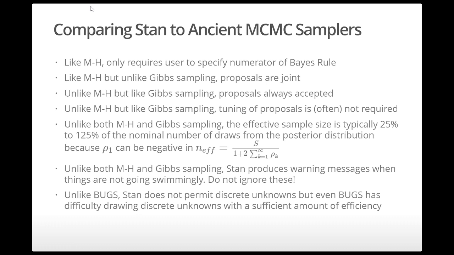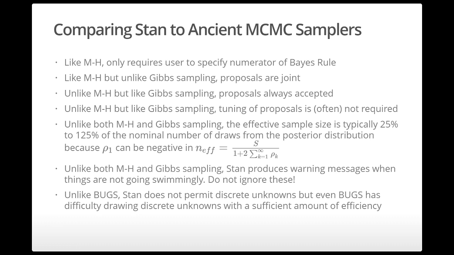Unlike both of those, the effective sample size tends to be good, and it's sometimes greater than 100% of the nominal number of draws from the posterior distribution, because the first order autocorrelation in the expression for the effective sample size is negative. So the ancient MCMC samplers would always have positive first order autocorrelation and positive rest of the correlations. So this sum in the denominator here, although hopefully it converges to some finite number, it's the sum of a bunch of positive things.